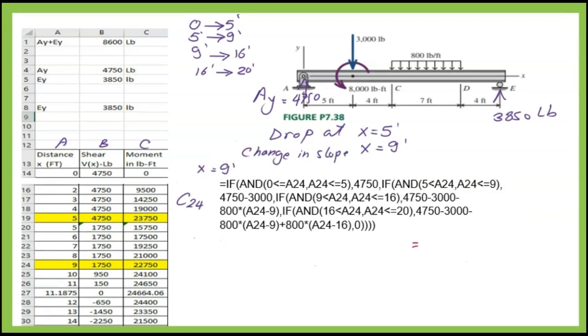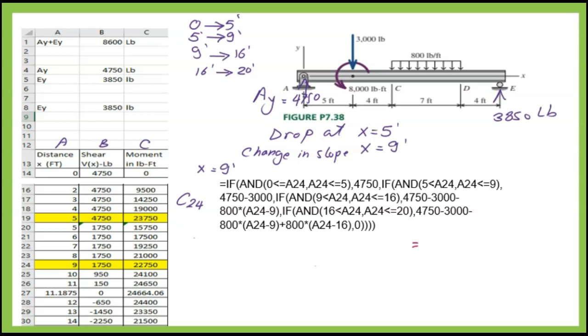We are still in the shear value. In the next slide, we want to get the expression for x equal to 9. For x equal to 9, we put the value of A24. This is a cell. A24 represents the x value. The x value here will be equal to 9.